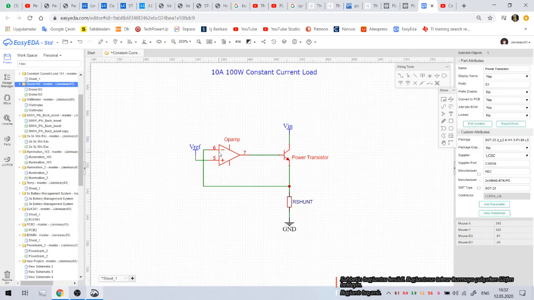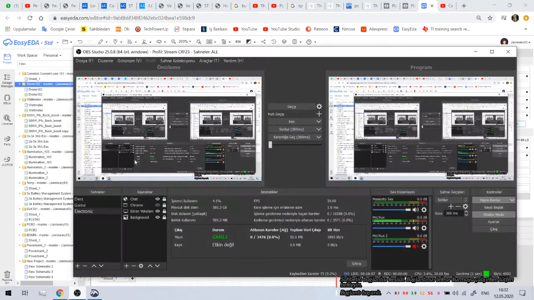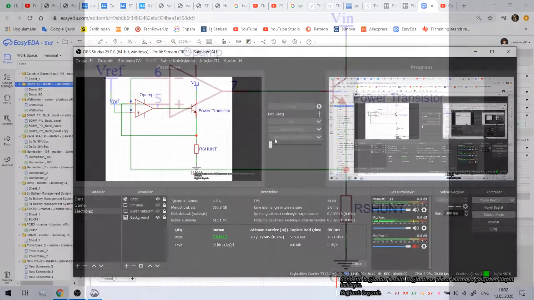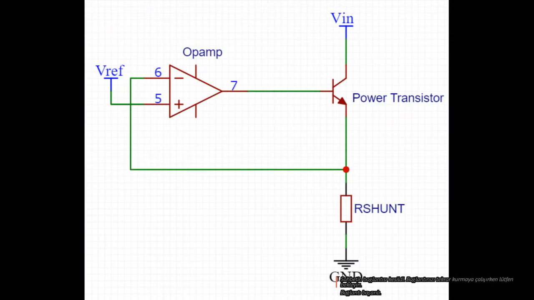Okay. Wait a second. I want to use my chat on my telephone so I can see exact time. Okay.